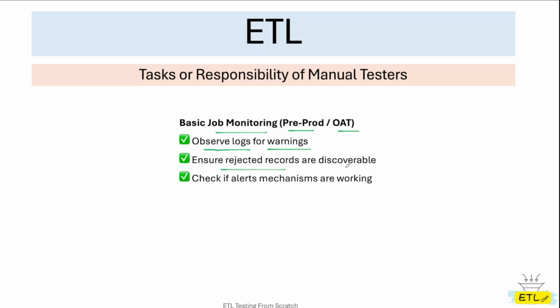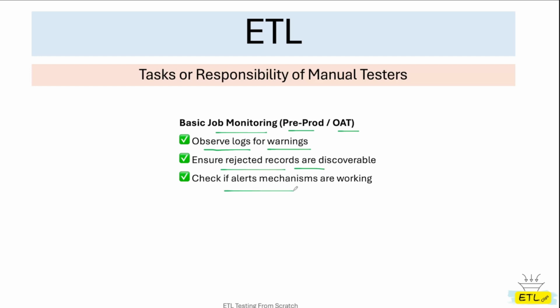Otherwise, how to test? So, when the developer is saying under these conditions, this record will get rejected, so in a pipeline, that record will not be processed. It doesn't get through the pipeline. But you test that. Somewhere you have to see that, okay, this record was there at the start of the pipeline, and in the log, you discover that it was rejected.